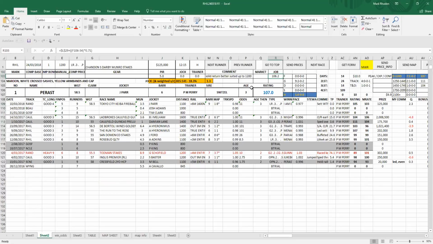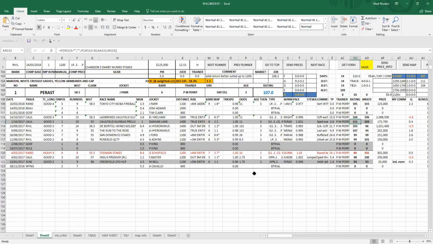So Perest, as you can see, at his best got up to 111 last prep. He was fifth up though, and as we mentioned before, he got on the speed in a slowly run race, and everything panned out perfectly for him. And as you can see from that column, that is thus far his career peak.